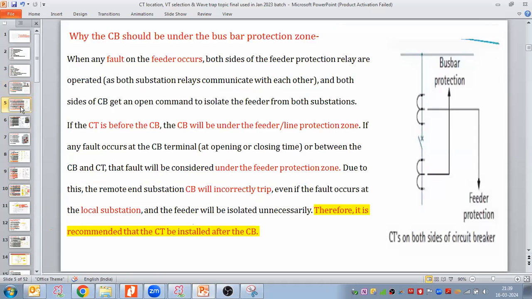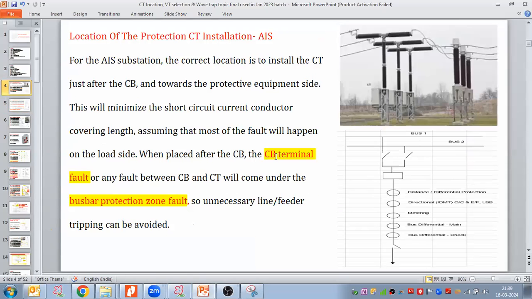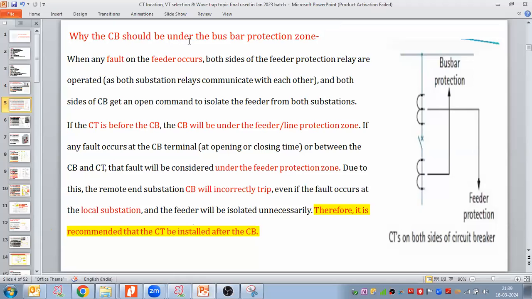Why should a fault at the breaker terminal, or between the breaker and CT, come under the bus bar protection zone? When any fault occurs on the feeder, the protection relays on both sides of the feeder operate.